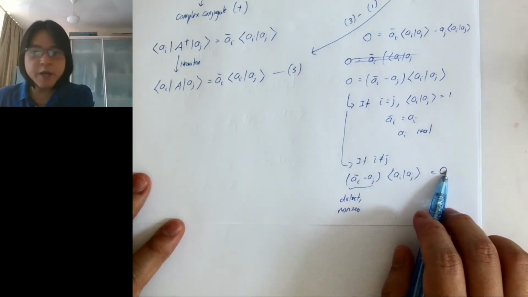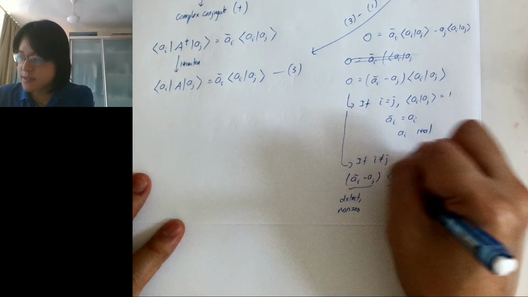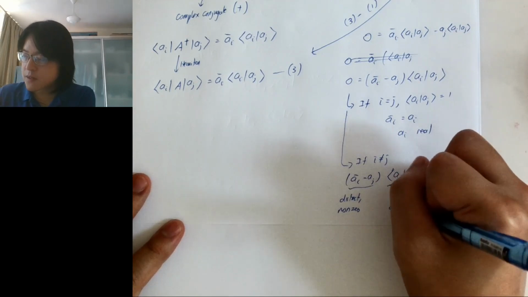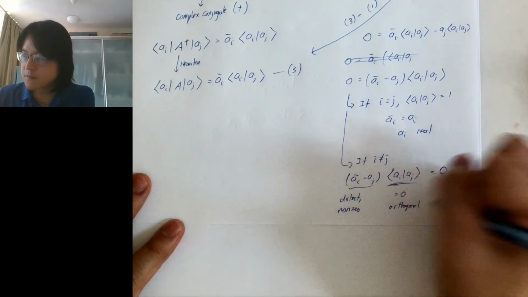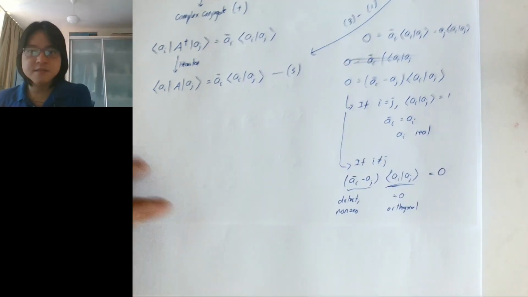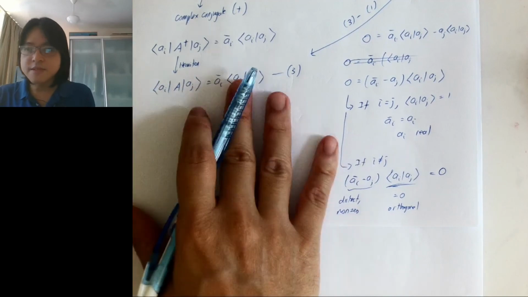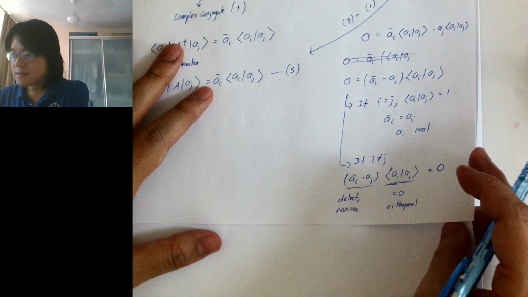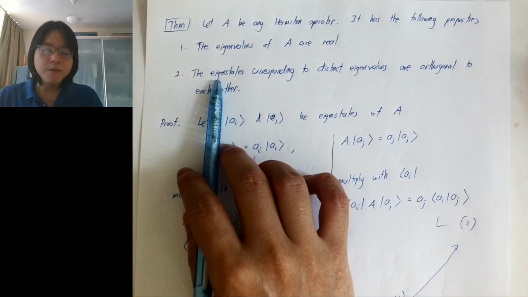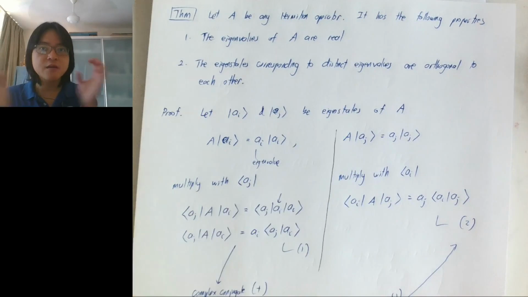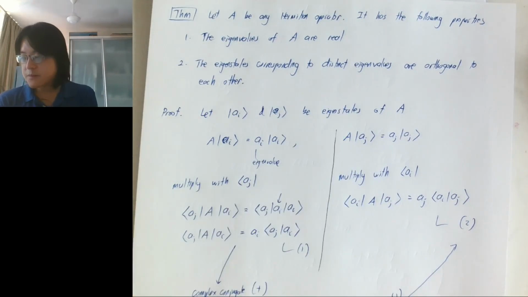So the only way to make this equal to 0 is that ⟨a_i|a_j⟩ is 0. Then that will guarantee it is orthogonal. Basically what we want to show is that the eigenstates corresponding to distinct eigenvalues are orthogonal to each other.